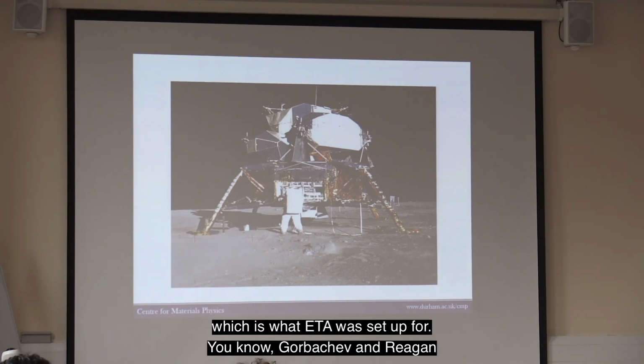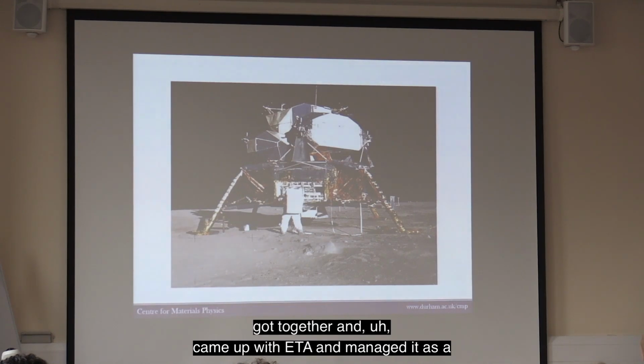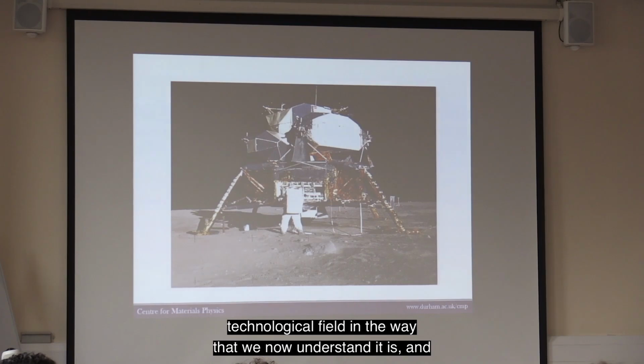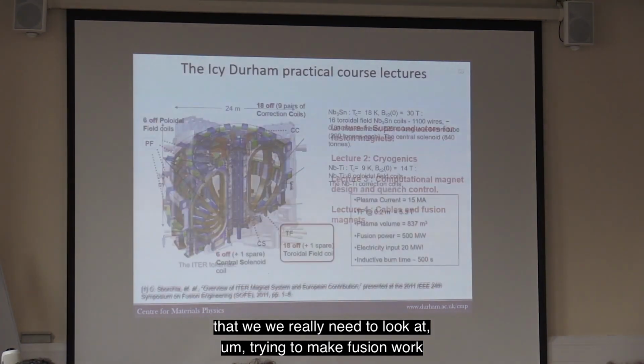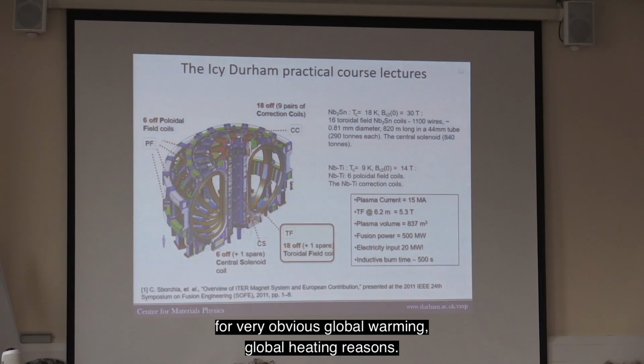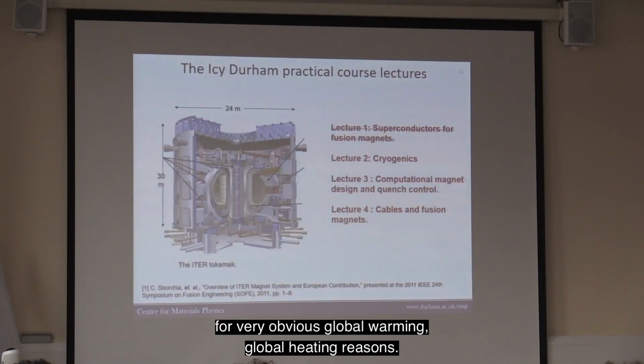Gorbachev and Reagan got together and came up with ITER and managed it as a sort of Cold War project. It wasn't seen as an important technological field in the way that we now understand it is, and that we really need to look at trying to make fusion work for very obvious global warming, global heating reasons.